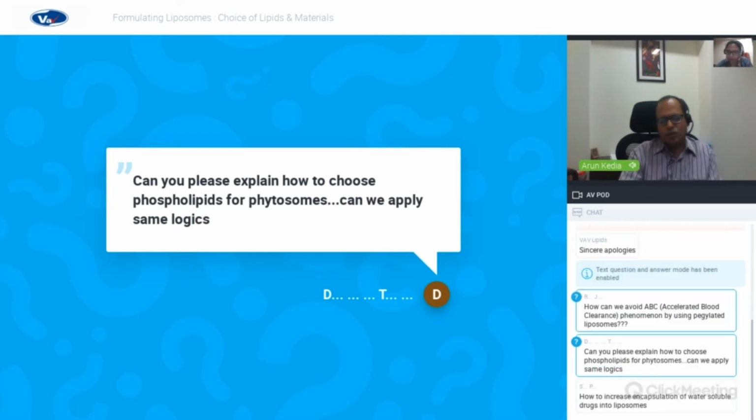So the natural choice can be natural lipids. And also for phytosomes, you have always economic considerations, those formulations usually being used for long term dosage instead of a week. So you will have economic questions also. So the natural phospholipids are ideally suited for phytosomes.